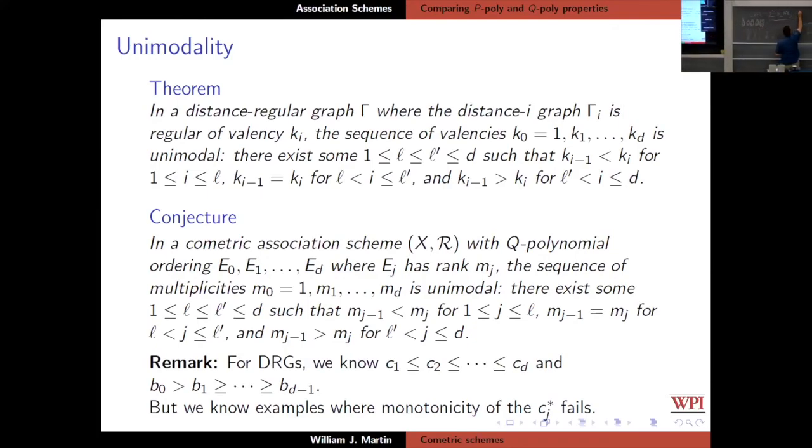So if we start in some eigenspace E_J, where J is less than halfway, J is less than D over 2, now we apply R multiple times.